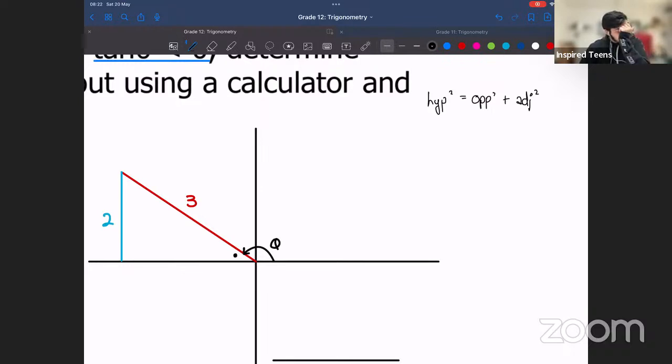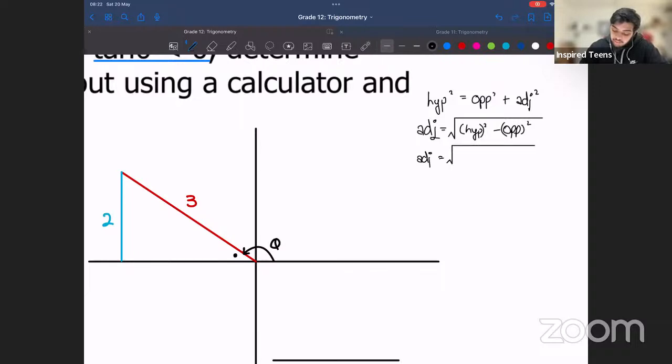We don't have adjacent, and when you leave adjacent alone, your equation looks like this: adjacent is the square root of hypotenuse squared minus opposite squared. So in our case, adjacent is the square root of 3 squared minus 2 squared.